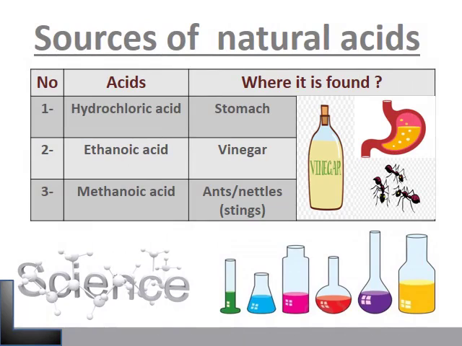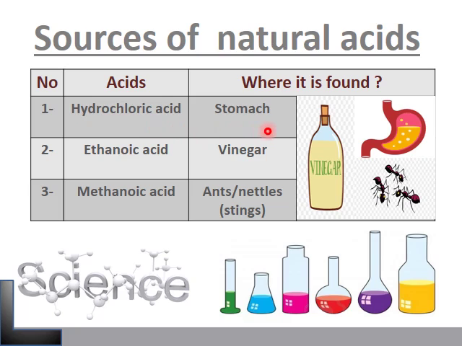So dear students, you will learn where these acids are found. One by one we will see what their sources are, where they are found in nature. So first we studied the name, that was hydrochloric acid.